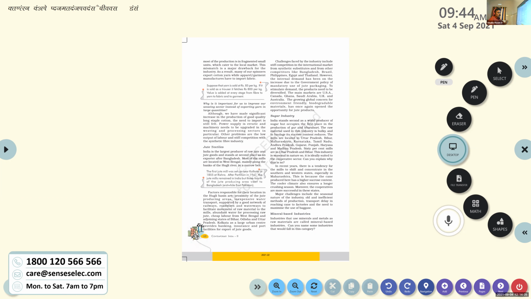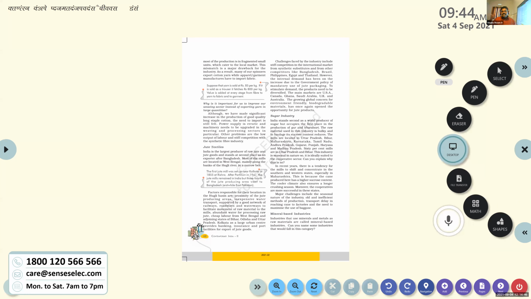Raw jute and jute goods we are producing in India, and India stands at second place as an exporter after Bangladesh. Bangladesh is the country that is exporting raw jute and jute products to other countries, or selling in the international market.